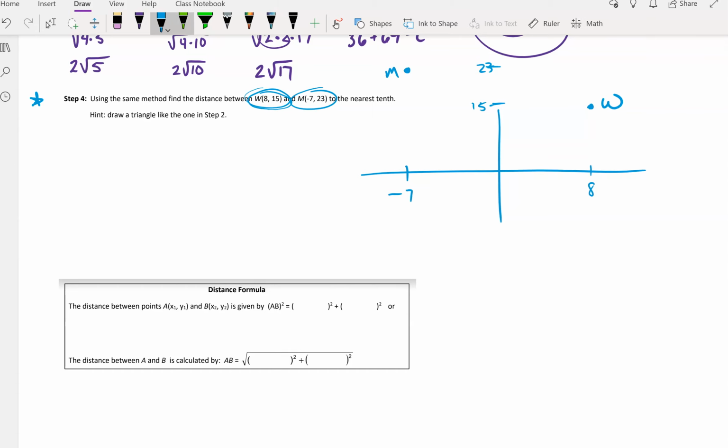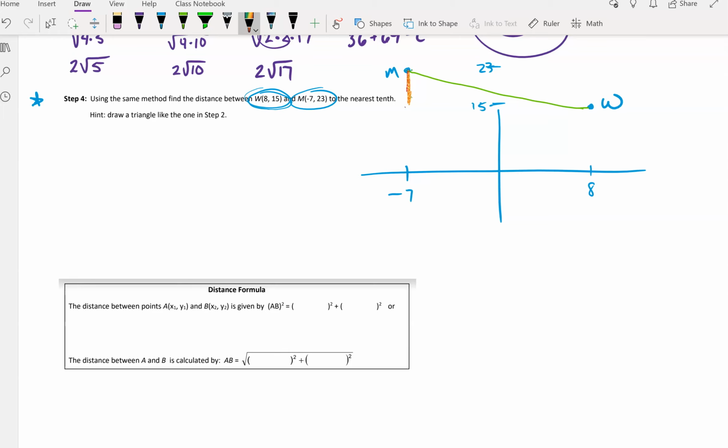Okay, so if I draw a line between these 2 points, and I want to know what that line is in terms of its length, I can go through this process of triangulating again, but really what I need to do is figure out the length up and down right here between the y value for M and the y value for W. So I need to figure out that vertical distance.